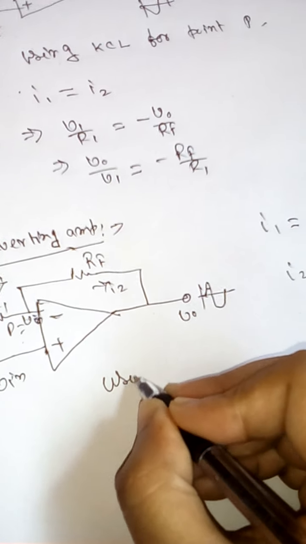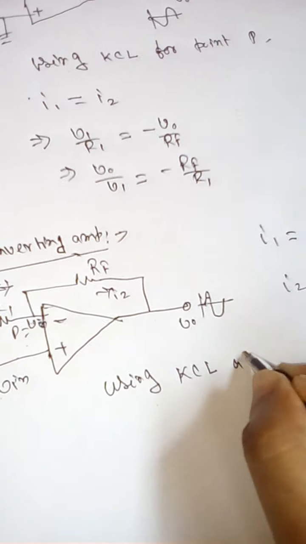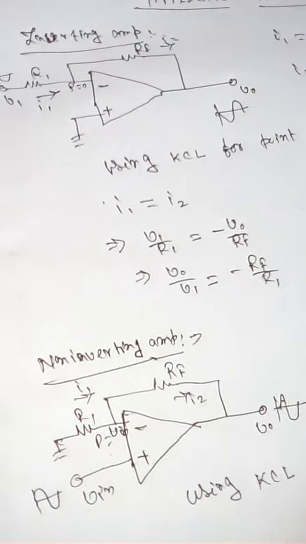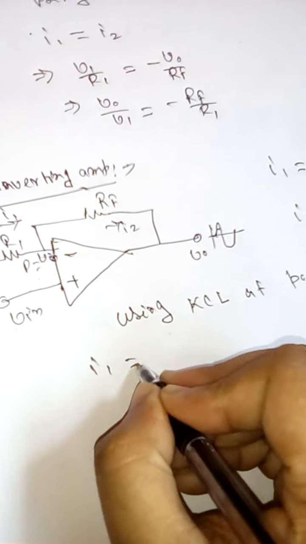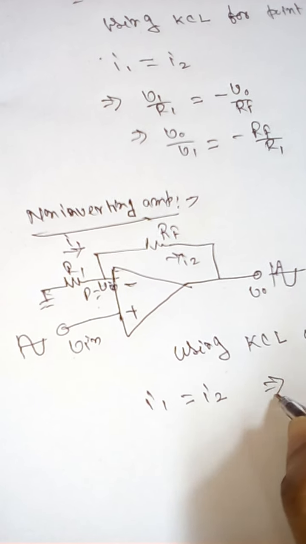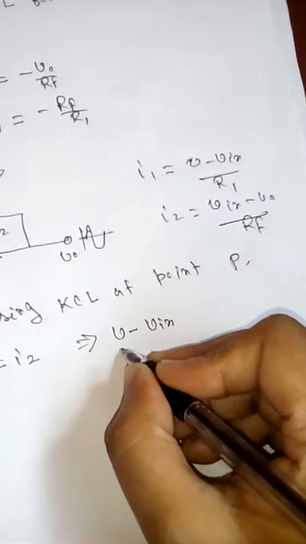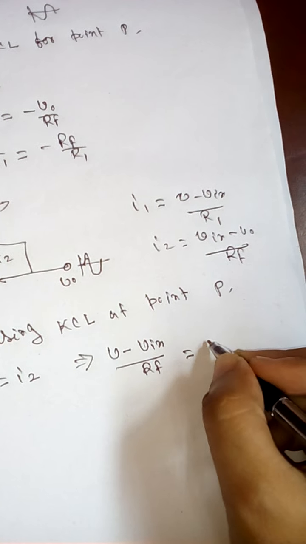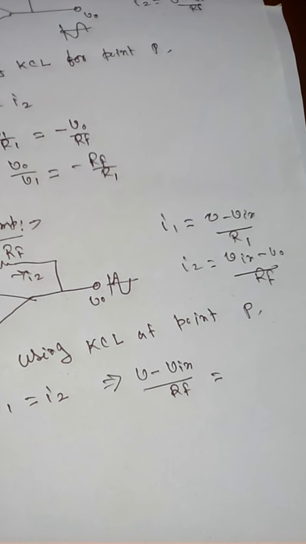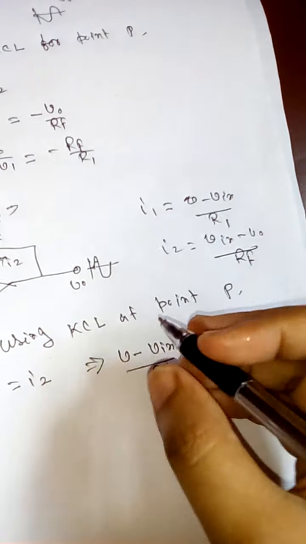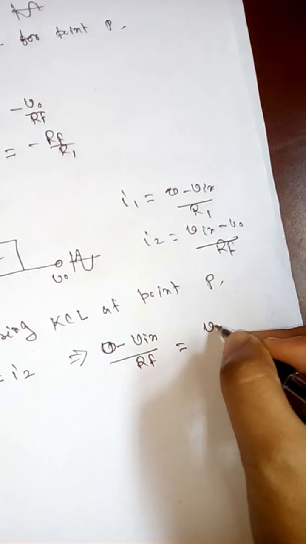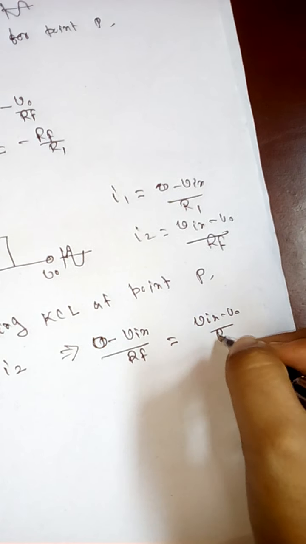Similarly, using KCL at point P, current entering is equal to current leaving, I1 equals I2. So we get (0 minus Vin) by R1 equals (Vin minus V0) by RF.